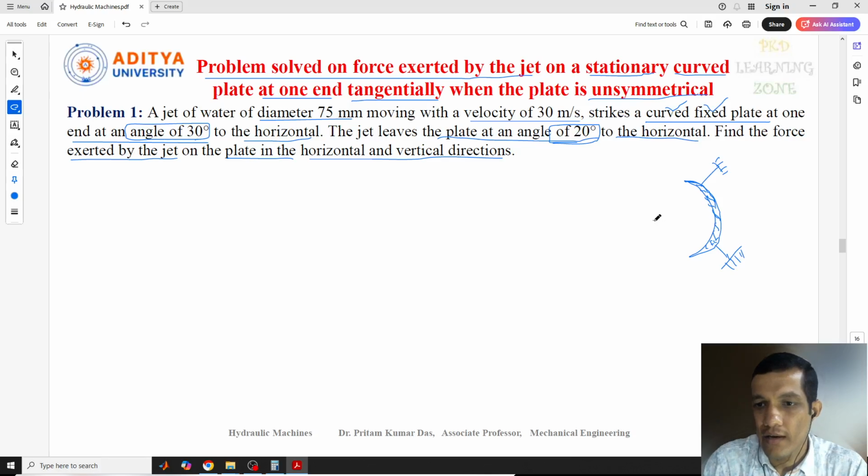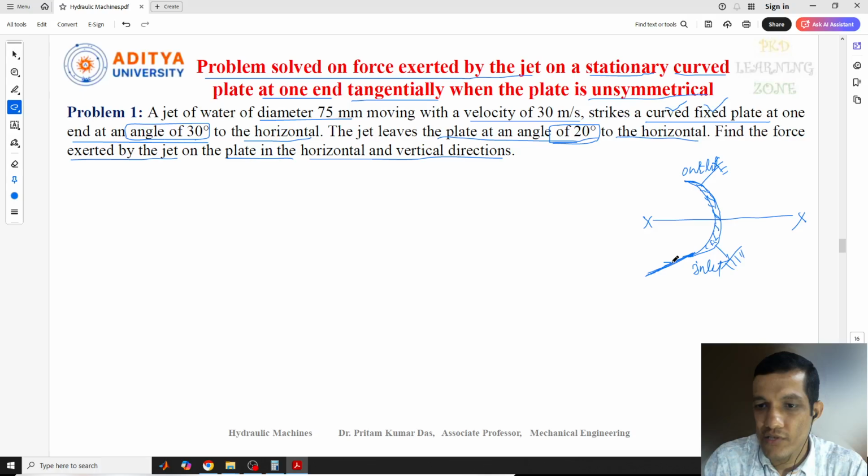You can consider this as our x-axis. The jet of fluid strikes this plate at one end of the plate. This is one end, this is the other. This end we can consider as the inlet, and the other end as the outlet. So the jet strikes this plate and leaves at the outlet.